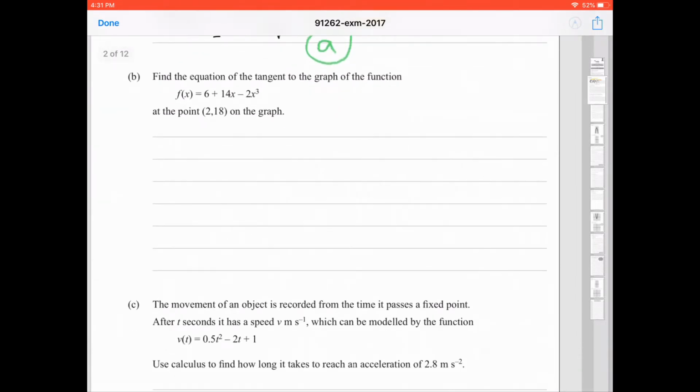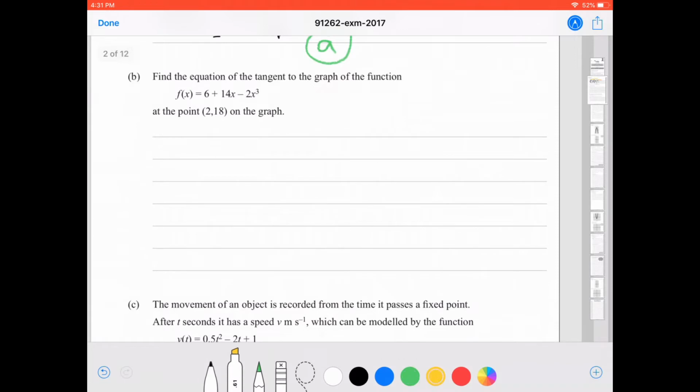Okay, question 1b says find the equation of the tangent to the graph of the function f of x equals 6 plus 14x minus 2x cubed at the point (2, 18) on the graph. So we've got f of x equals 6 plus 14x minus 2x cubed.